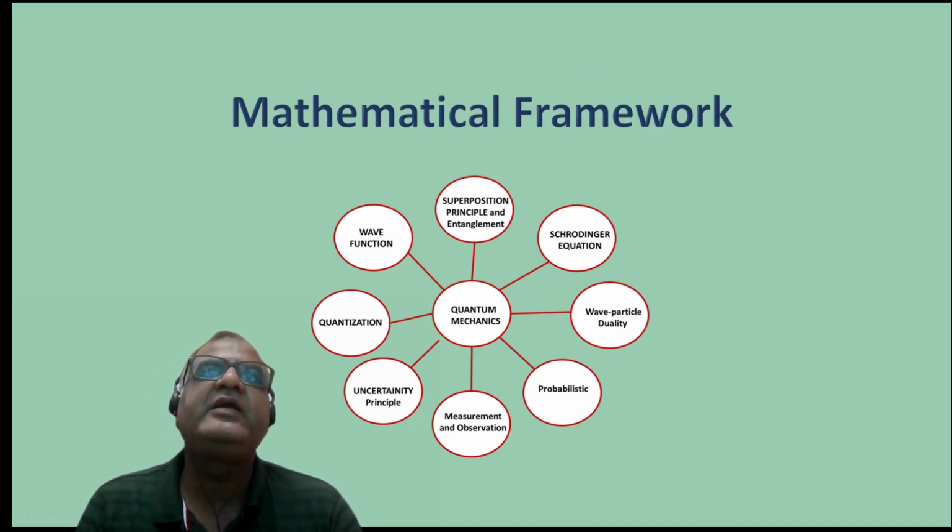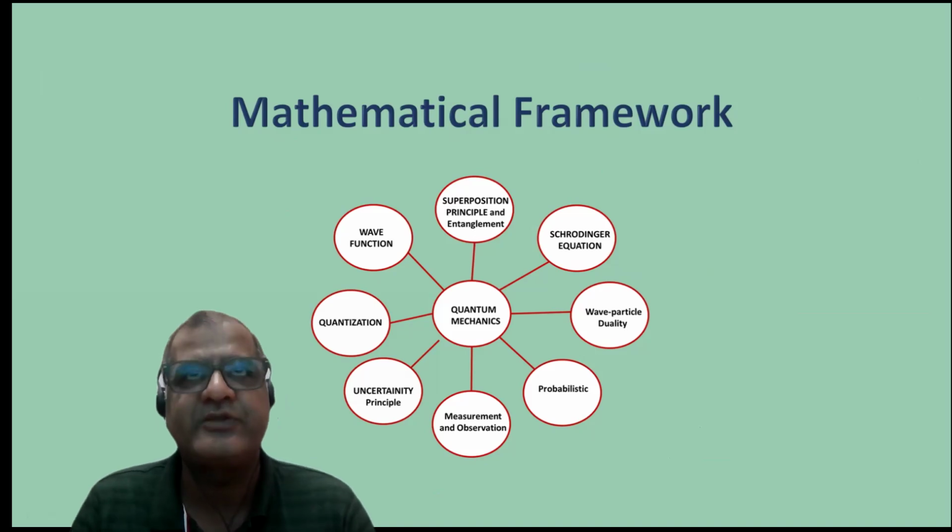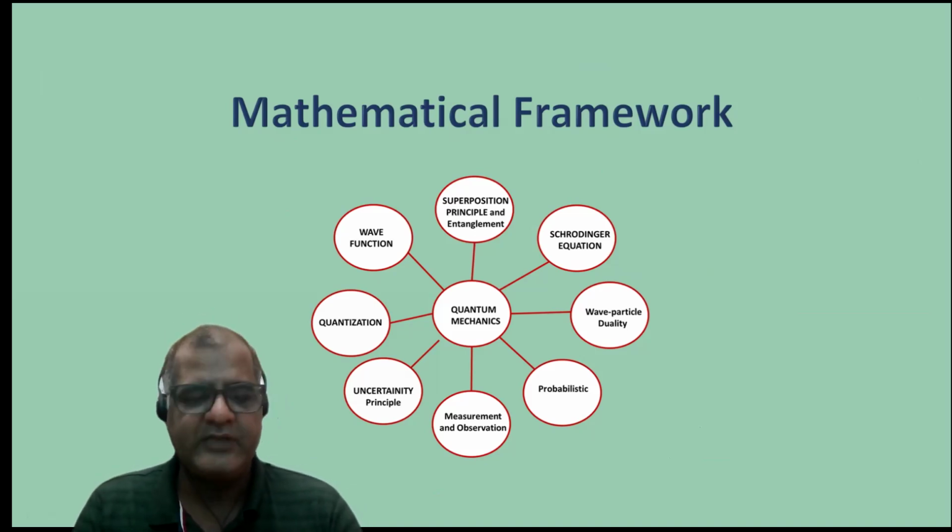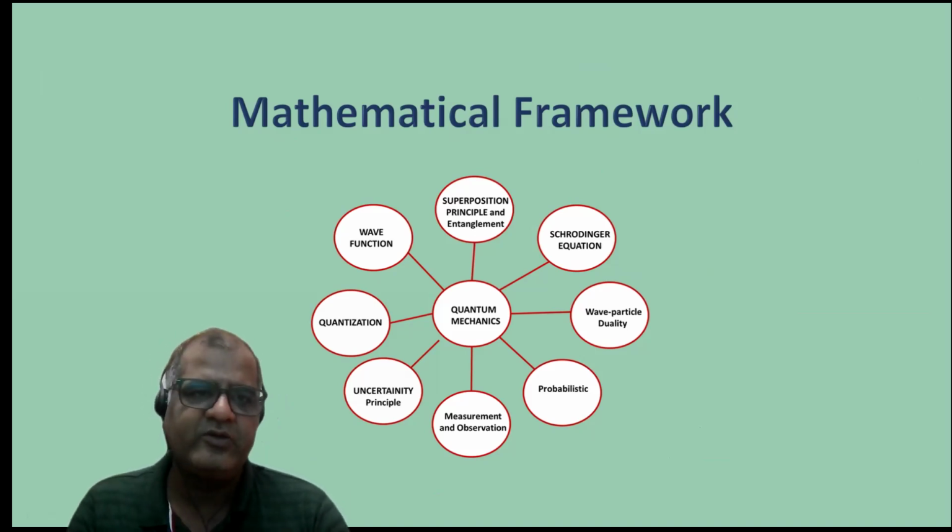So you need to use the mathematical tools of Hilbert space while doing calculations with these wave functions. In quantum mechanics, we mainly deal with matrices, functions and operators. Of course, we use differential equations when we work in the Schrodinger formulation. So that is the mathematical framework difference between these two theories.